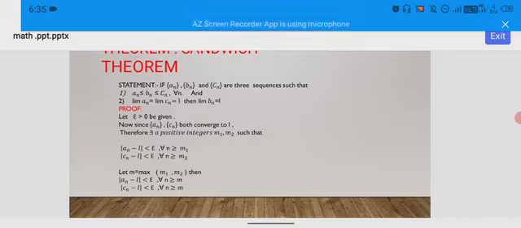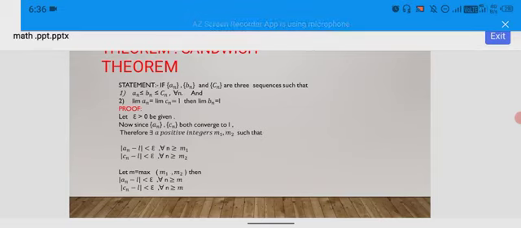Let epsilon greater than 0 be given, and we already see in the statement that the limit of an equals the limit of cn equals L. Hence we can say that sequences an and cn both converge to L. Therefore there exist positive integers m1 and m2 such that mod of an minus L is less than epsilon for all n greater than or equal to m1, and mod of cn minus L is less than epsilon for all n greater than or equal to m2.